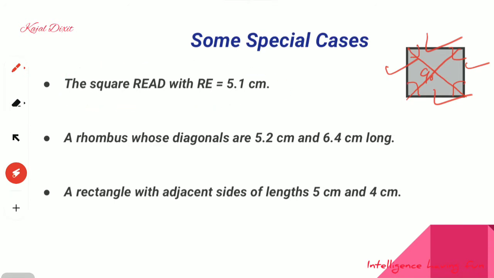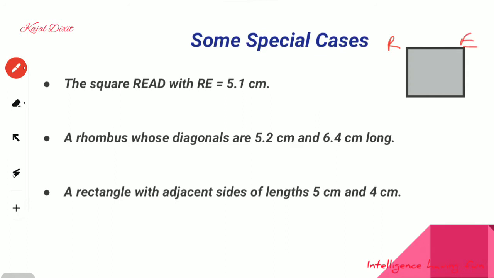And what is given in the question? Only the side length of the square, 5.1 centimeter, is given. So if we have the square READ of side length 5.1 centimeter, it means this square has all the 4 sides of 5.1 centimeter because this is the property of the square. Fine.